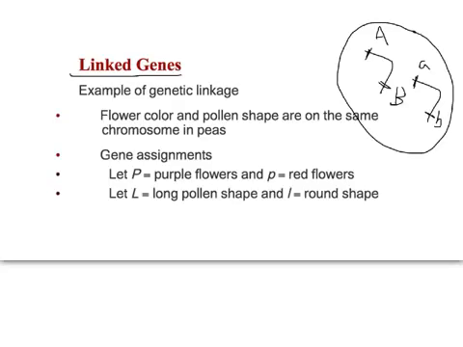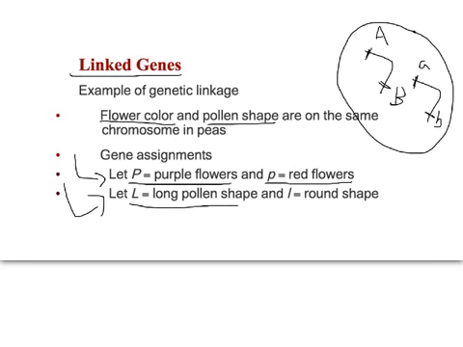So if we look at an example in flowers, we could say that flower color, which we're going to designate as gene P, and pollen shape, which we're going to designate as gene L, are on the same chromosome. So capital P is going to be purple flowers, lowercase p is going to be red flowers, capital L will be long pollen, and lowercase l will be a round pollen shape.